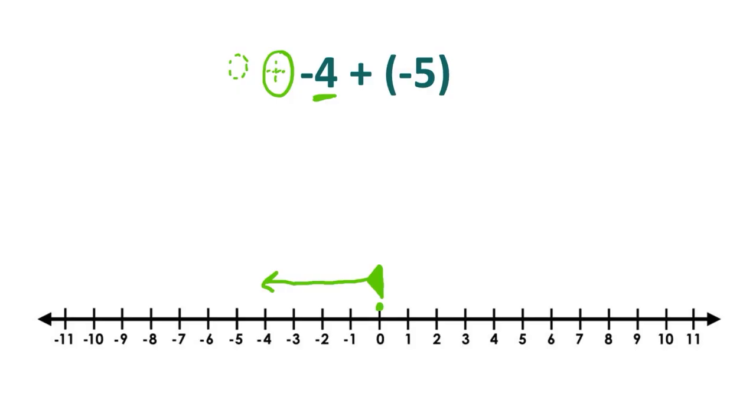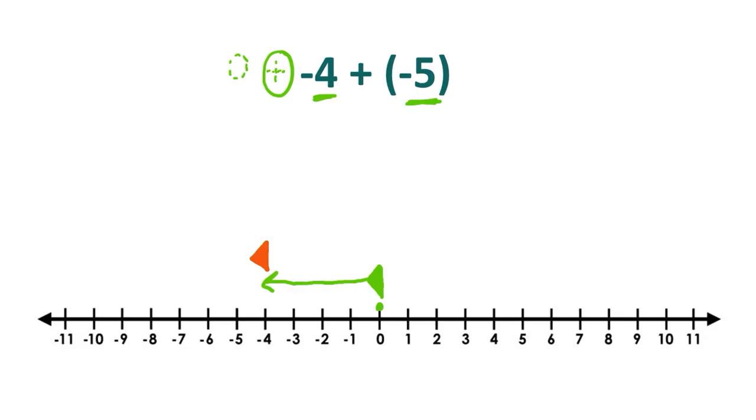Now I stop. Everything resets. The next integer, the next term, tells me the direction I'm facing. It's negative, so I'm also facing the negative side. Sorry, we can use another color just to show it clearly. All right, so I'm still standing on -4.